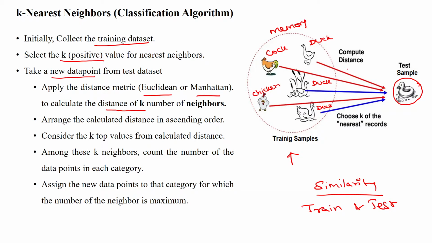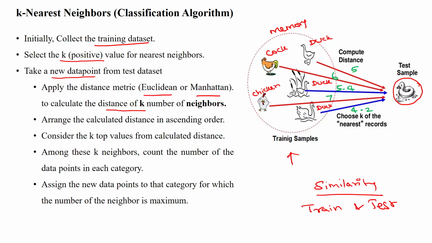Here you may get distance values, for example 5, 5.4, 4.2, 7, and 6.